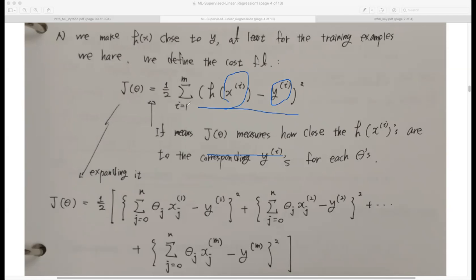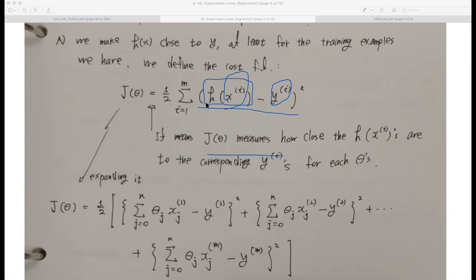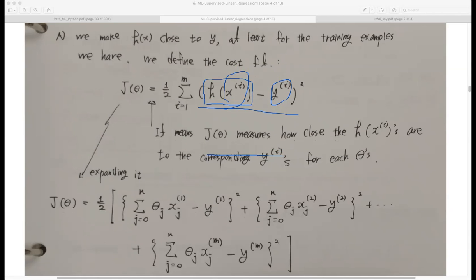Then when i equals 1, we get this. And then h of x super i is what? Actually, it's the sigma of theta j times x j super 1.